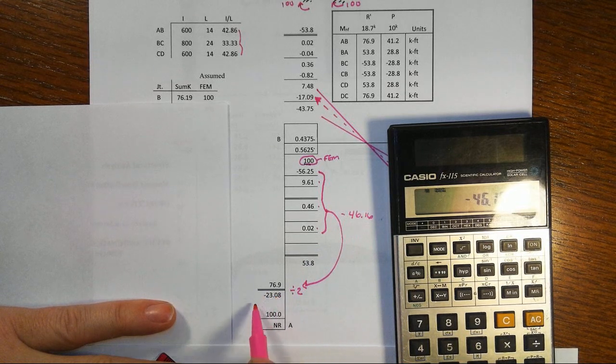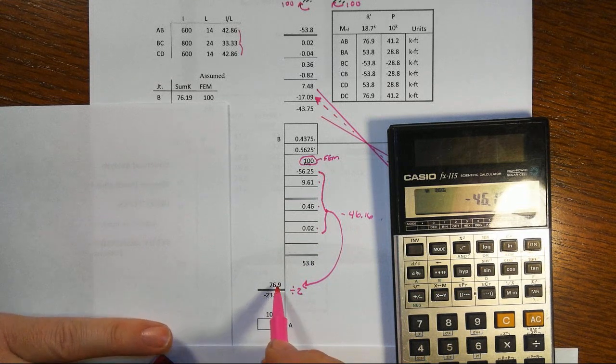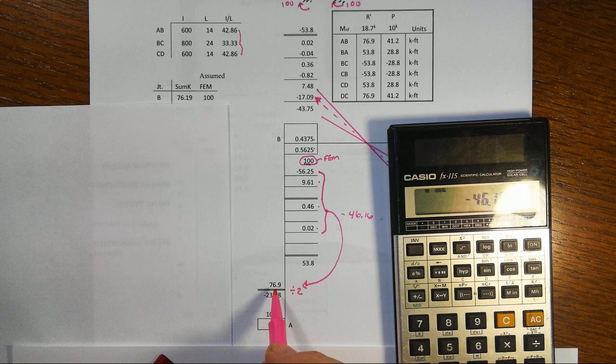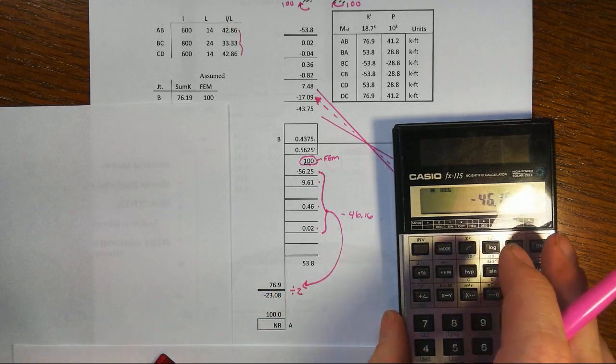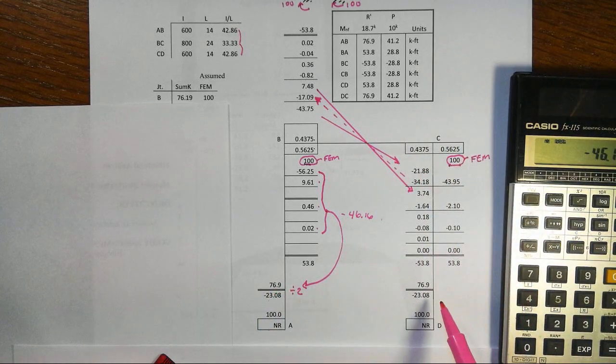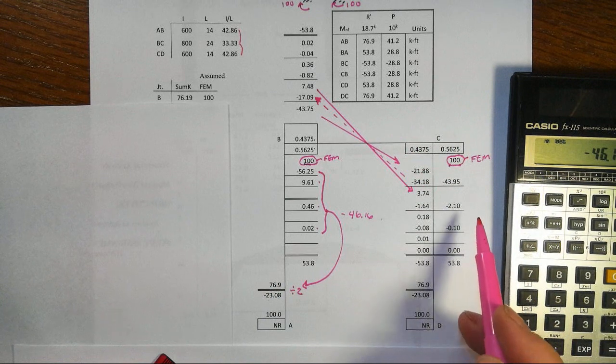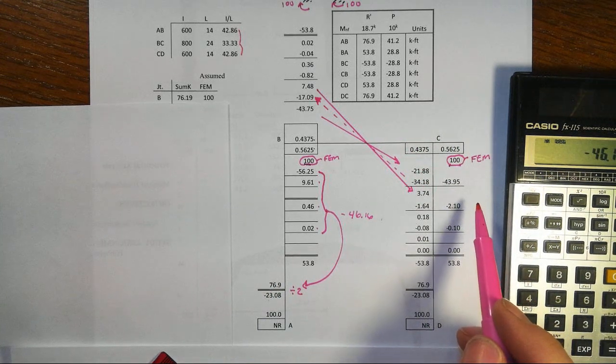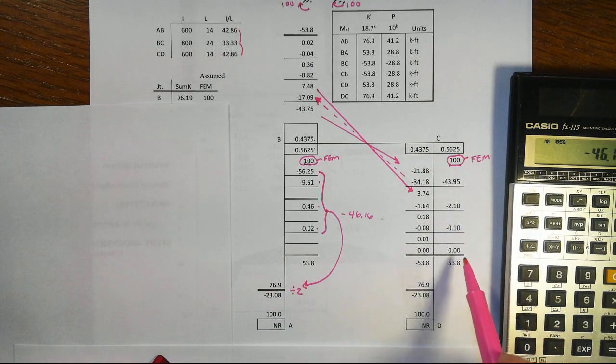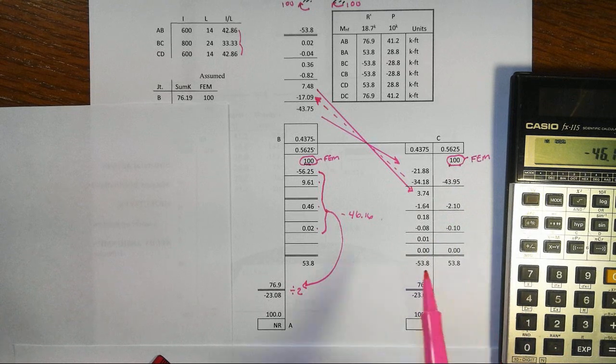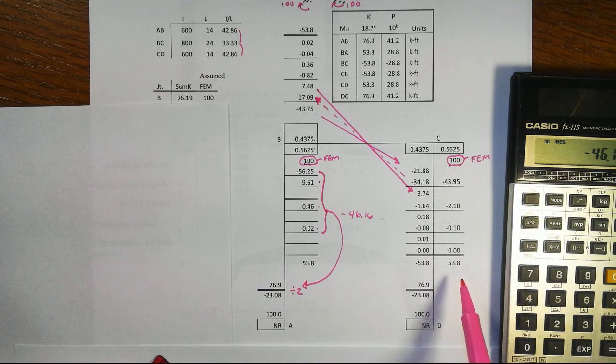And of course the net sum for that column, 100 minus 23.08, gives us, to rounding, 76.9 at the base. We've done the same thing over here on this other column as well, and we end up with the same kind of effect. So note here, you've got to be a little careful in your thinking.